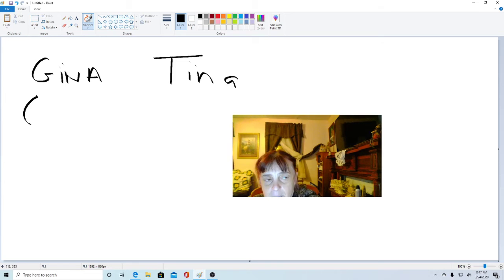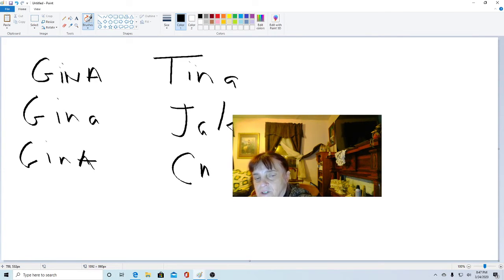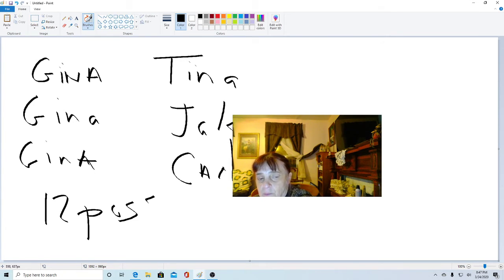Gina as president and Jake as vice president. Gina as president and then Carla as vice president. Okay, and there's 12 possibilities because you've got 4 different people to choose from for the president and then 3 different ones for the vice president. 4 times 3 is 12. So you'll have 12 possibilities using the counting principle.